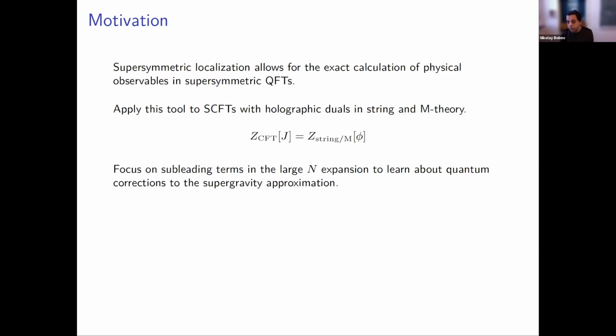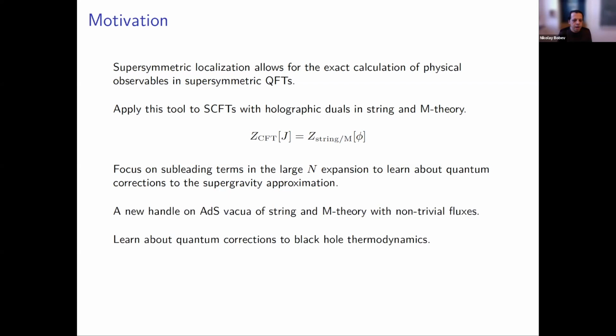And why is this interesting? You may say, well, on one hand, it's really hard to quantize in general string theory on anti-de Sitter backgrounds because of the presence of fluxes. And it's even harder to say anything about M theory because we don't have an intrinsic non-perturbative understanding of the theory.